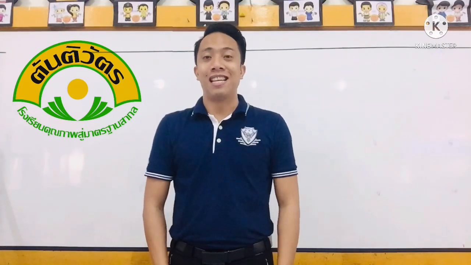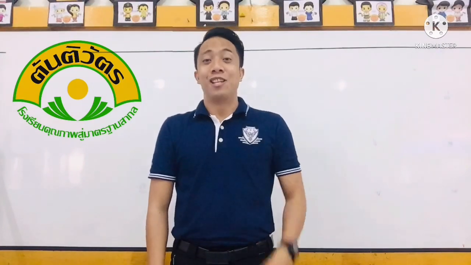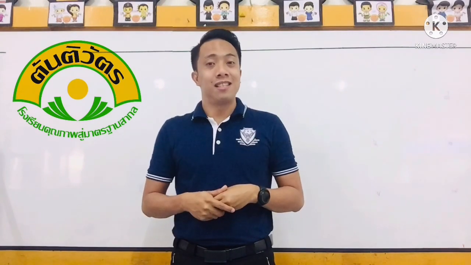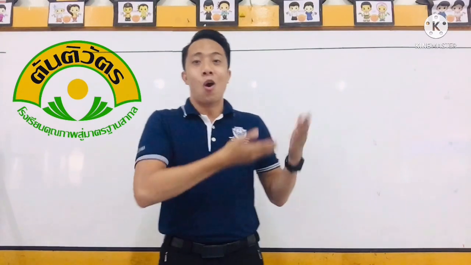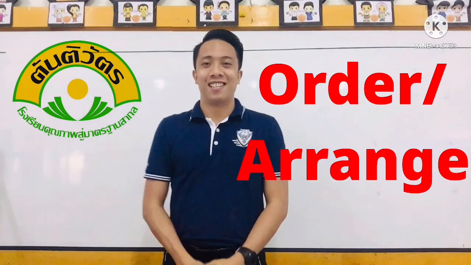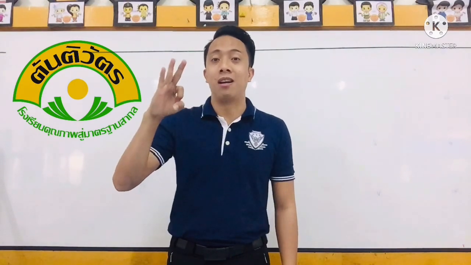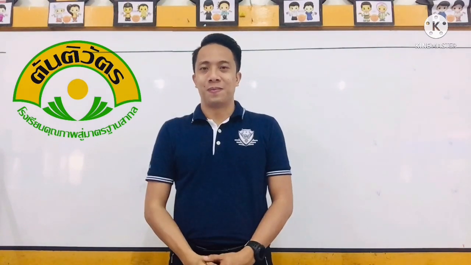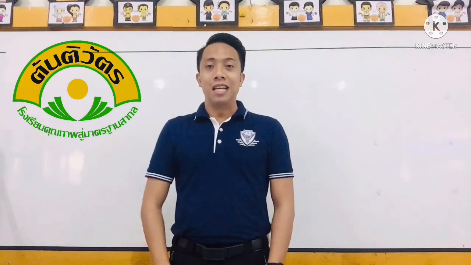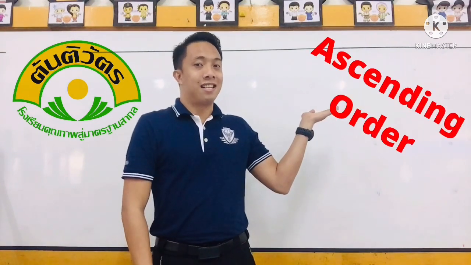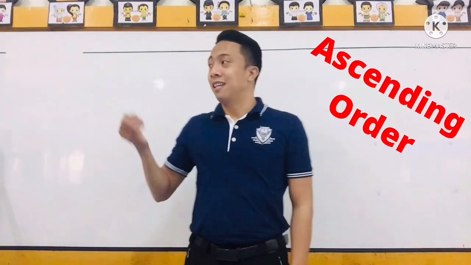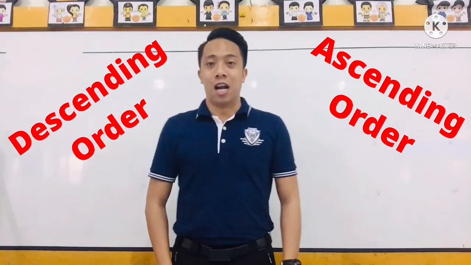Now, let us summarize our learnings for today. Today, we learned about how to order numbers. In ordering of numbers, we must know the 3 steps on how to compare numbers. In arranging or ordering of numbers, we need to know the meaning of ascending and descending order.